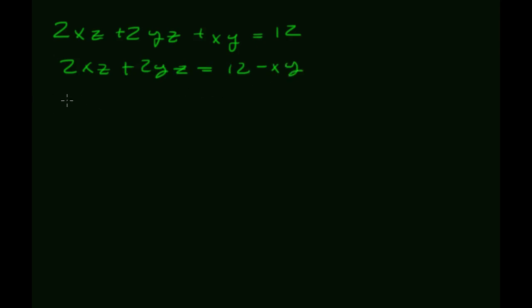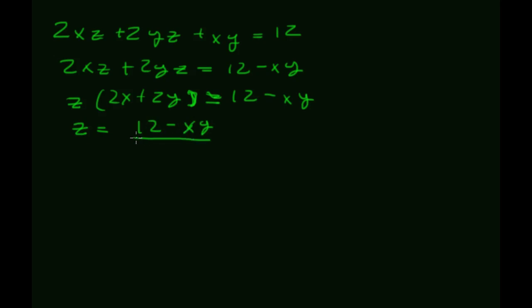If I factor out the z, I get z times (2x plus 2y) is going to equal 12 minus xy. Okay, so do a little division. z is (12 minus xy) over (2x plus 2y).